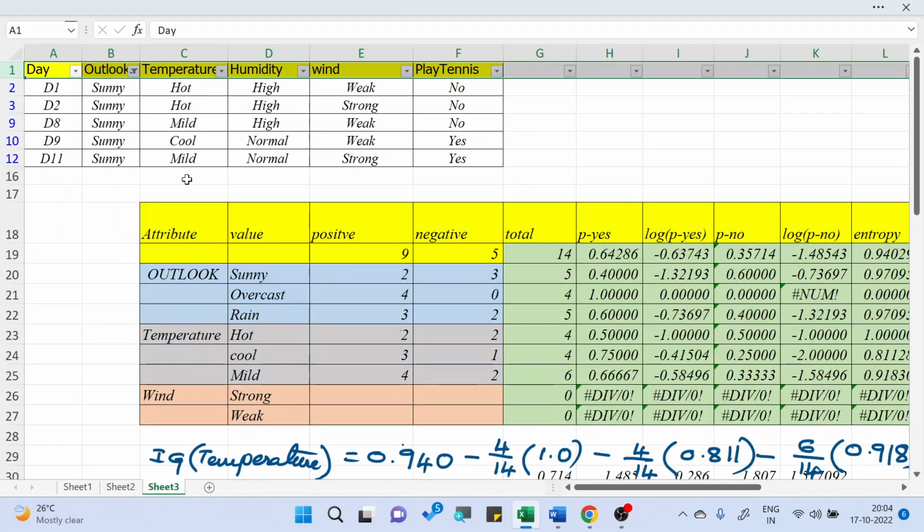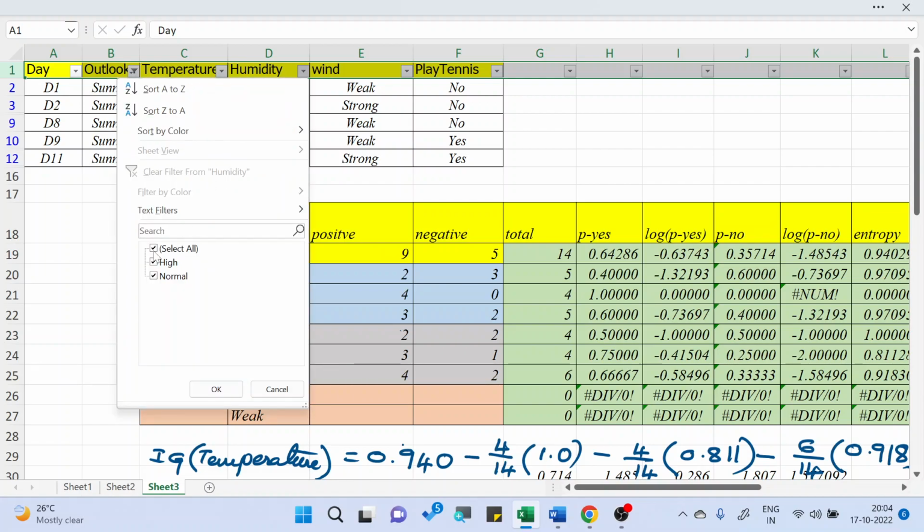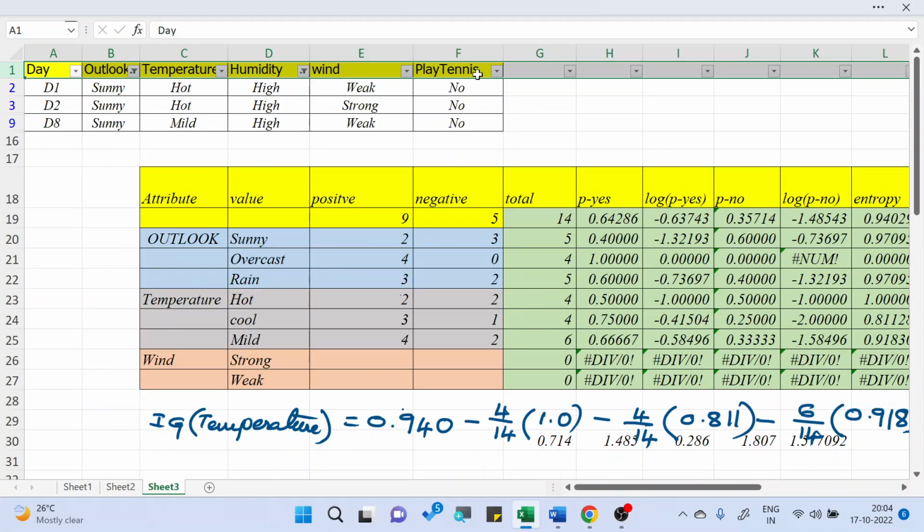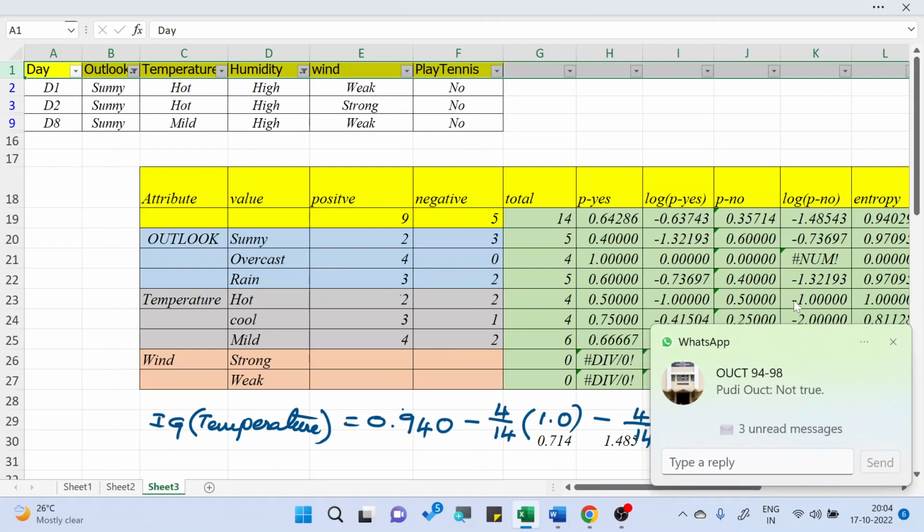Now I will calculate humidity. Humidity has 2 values, high and normal. With outlook as sunny, I have 5 examples. High, 3 values, all the 3 are negative. That means 3 and 0. So I will calculate the entropy.